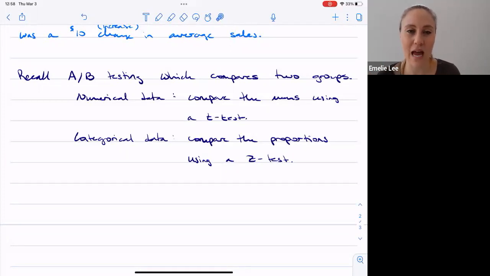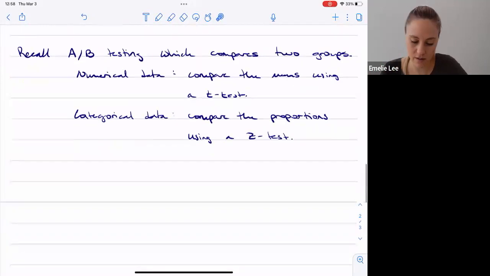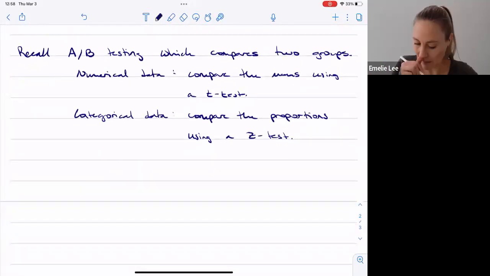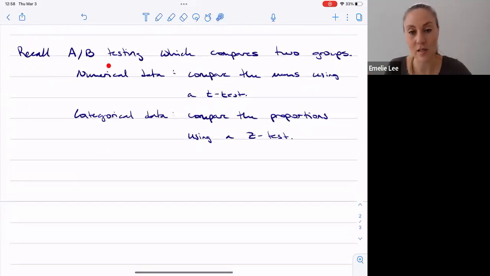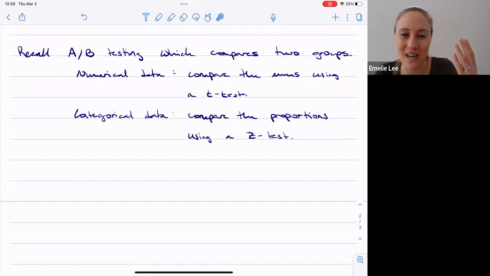But what if we have just 3 groups? Now, A/B testing is good if you're only concerned about comparing 2 groups. But as soon as you introduce another group that you might be interested in, that's not that wild, right? Maybe you have the layout of website 1, and then website 2, and then website 3.